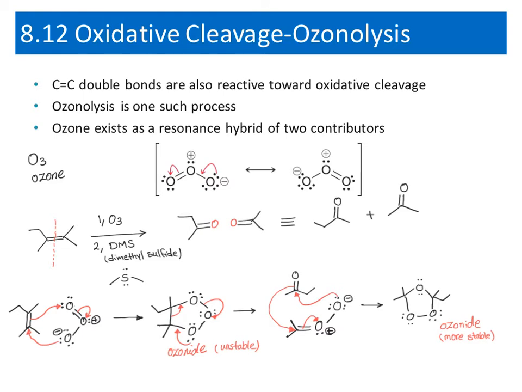Now in the next step, we are going to add dimethyl sulfide. So up to here, we were just talking about the first step of this reaction. Now in the second step, we are going to add dimethyl sulfide.